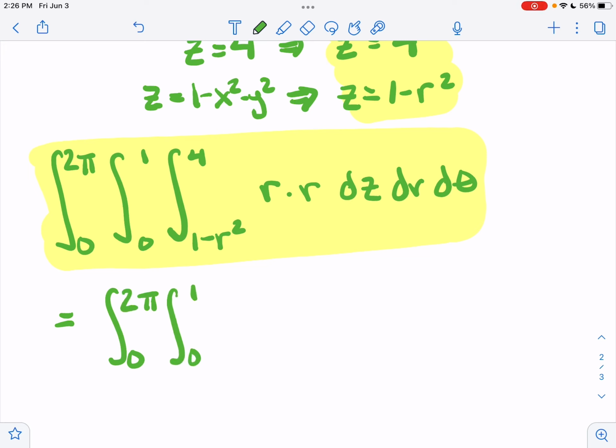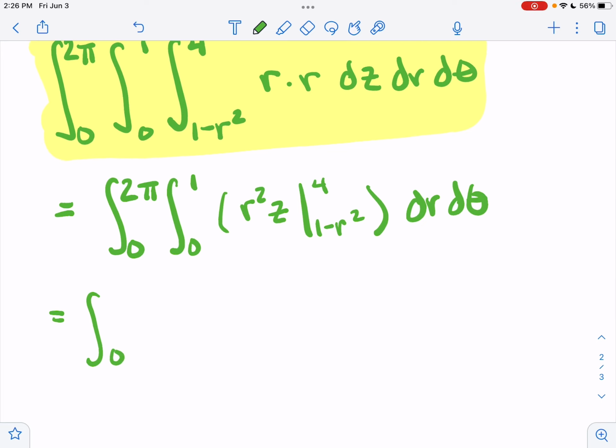We can do the z integral. This is r squared with respect to z. In the z integral, we're thinking of r as a constant, so that integral is just r squared z from 1 minus r squared up to 4. And then we'll have the dr d theta still, the integral from 0 to 2 pi, integral from 0 to 1.